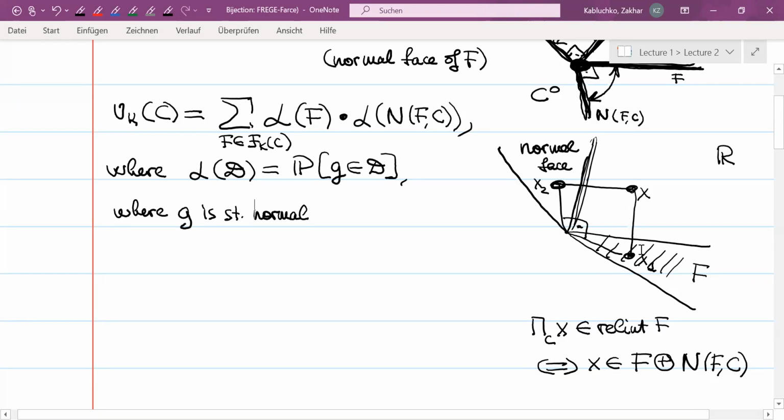Would be not nice. This is not what we mean. And that's why we take here G to be normal on the linear hull of D. So the linear hull of D is, for example, if D is F here, in this case, a two-dimensional plane. Then I take in this two-dimensional plane a Gaussian distribution, standard normal, and the probability that it is in D is the angle, the solid angle.